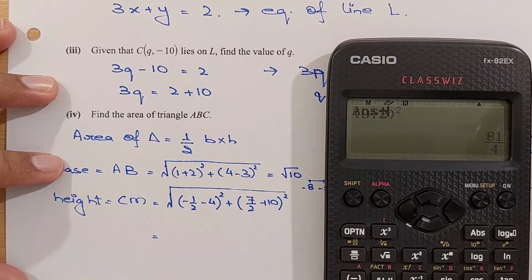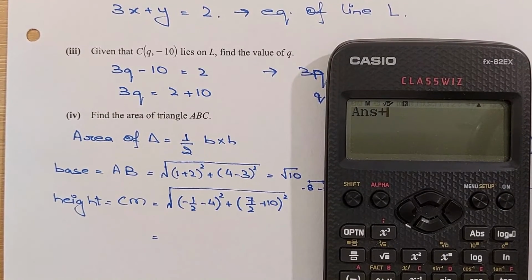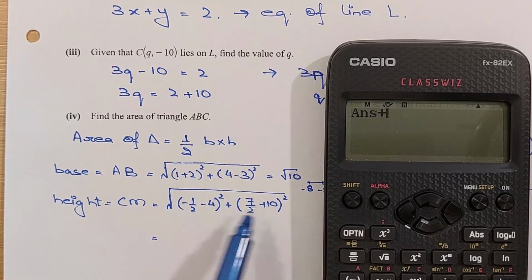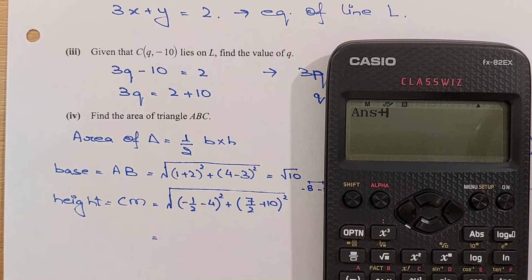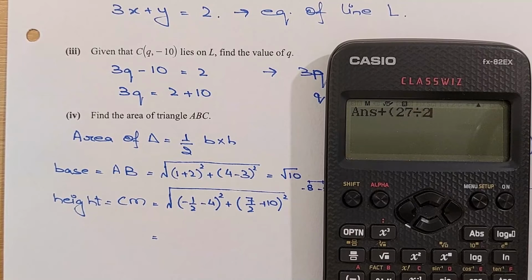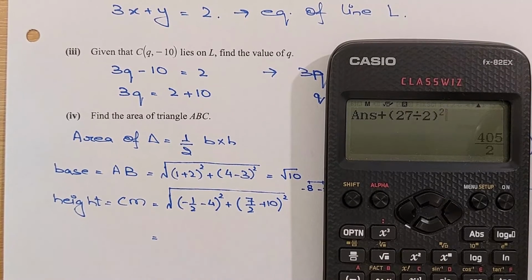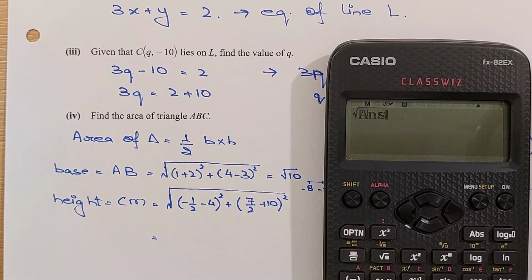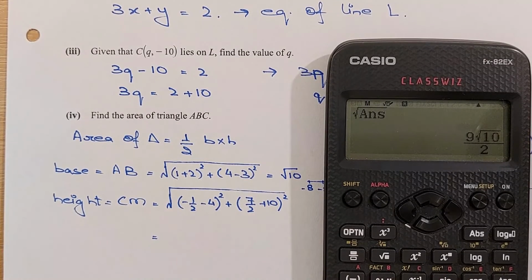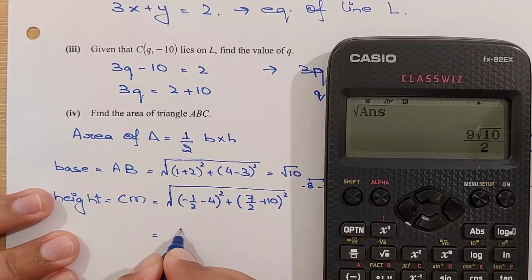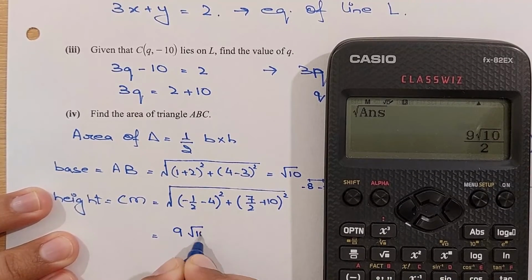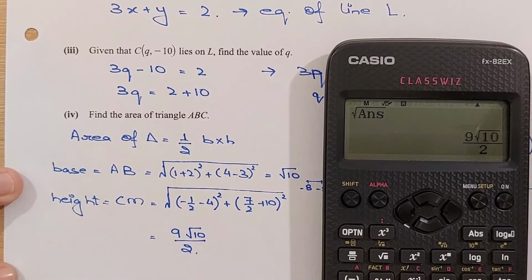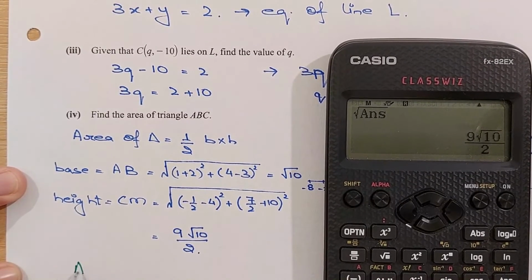Plus, 2 times 10 is 20, and 20 plus 7 is 27, so 27 divided by 2 squared, and the square root. This is 9 square root of 10 divided by 2. This is my height.